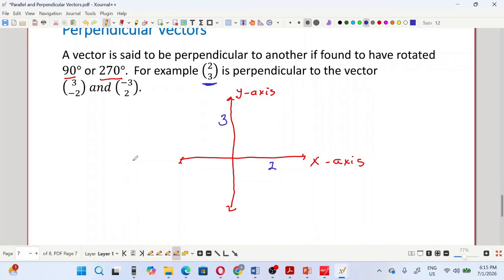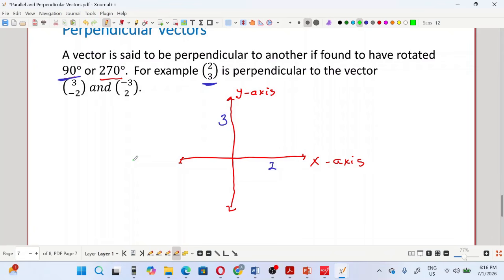And based on the definition, it says, if found to have been rotated 90 degrees. So let's first look at the 90 degrees rotation. I'm moving the x first, right? Remember, this is my 0 degrees, this is 90 degrees.